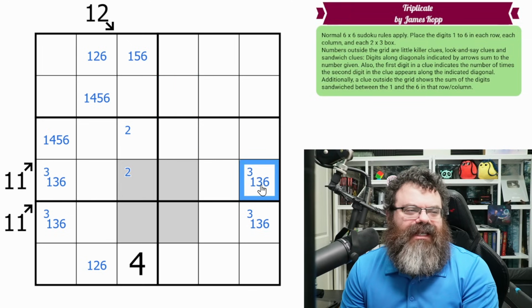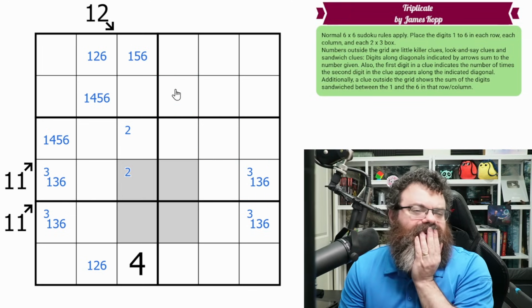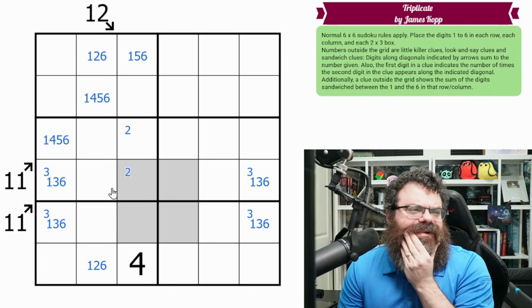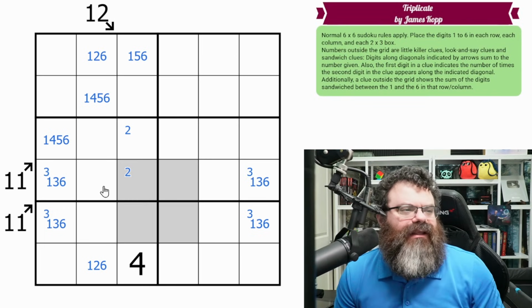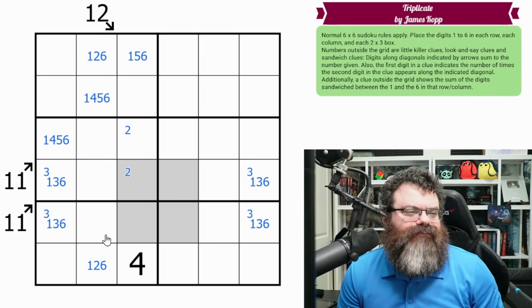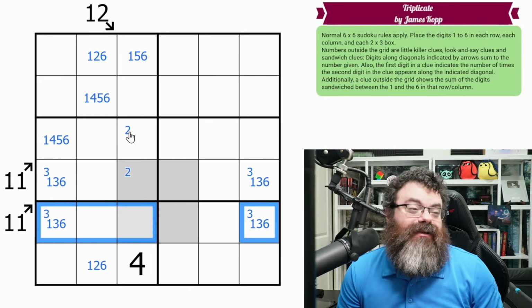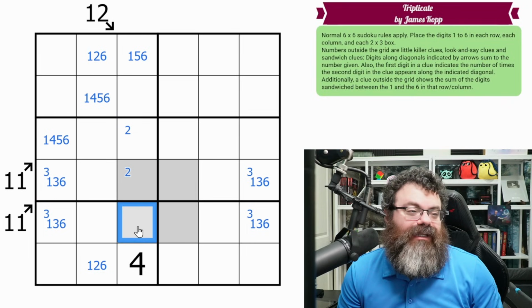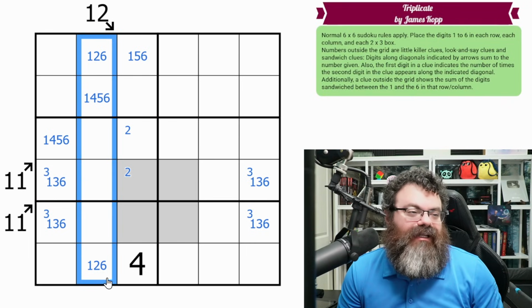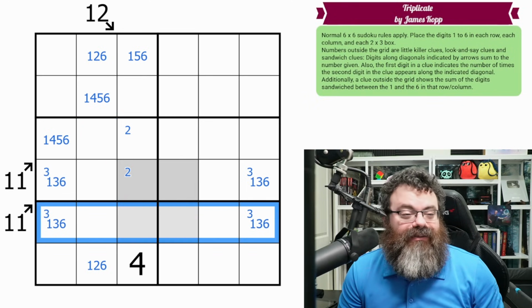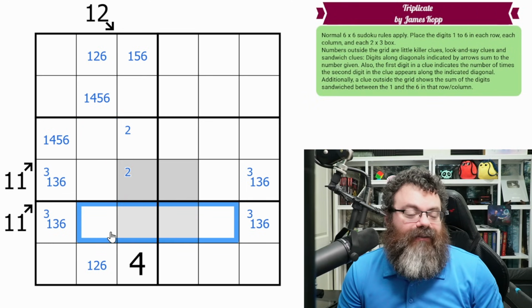Are we restricted on putting the 6 here or anything like that? What can we do here? See, this isn't 2, that's not 2, that's not 2. This can't be 2 because this box needs a 2 and it's not here because of the 12 clue. So this 11 clue needs a 2 somewhere in here.